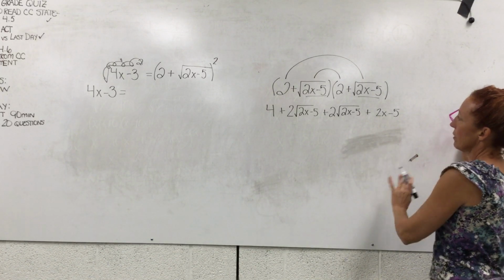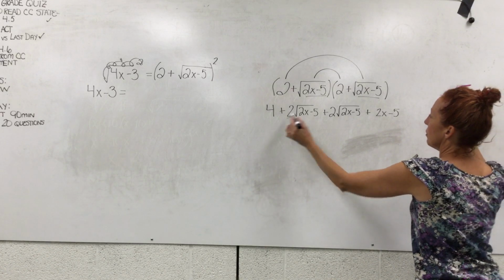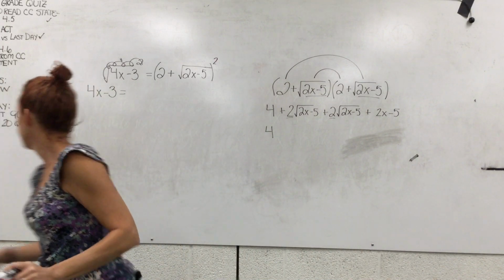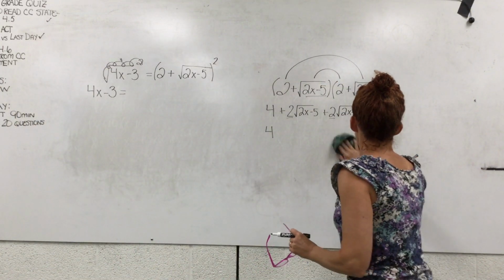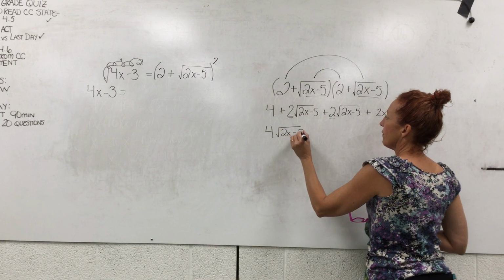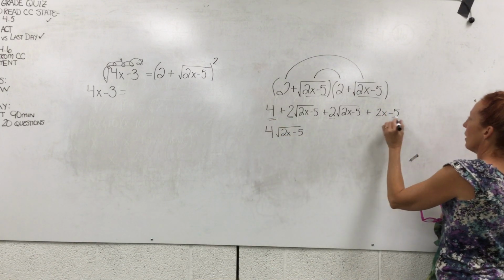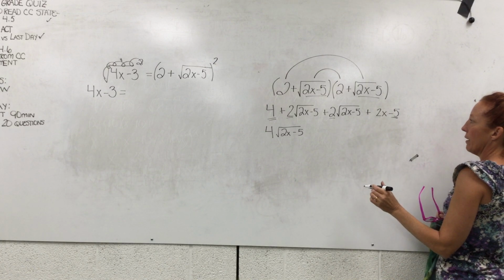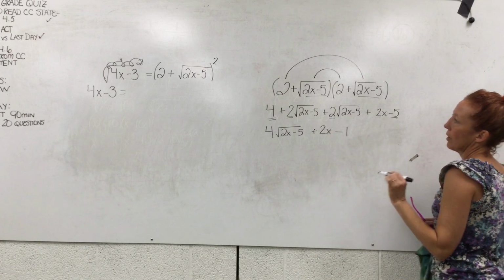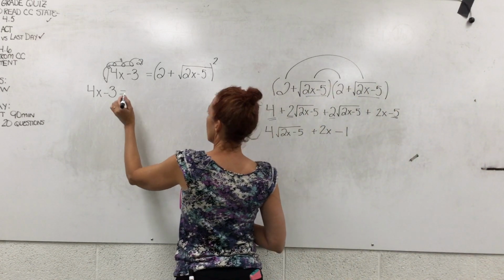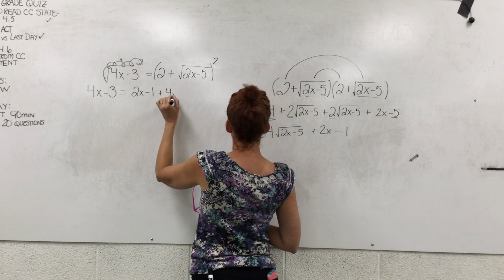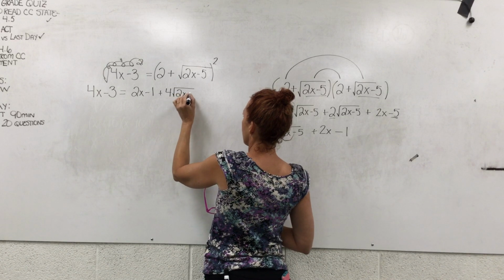Okay. So we have 2 plus 2 is 4. So I have 4 radical 2x minus 5. That 4 and that negative 5 make a negative 1, and I have that 2x right there. So I've got 2x minus 1 plus 4 radical 2x minus 5.